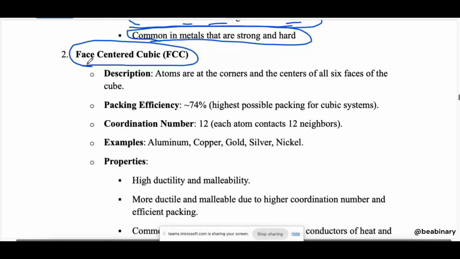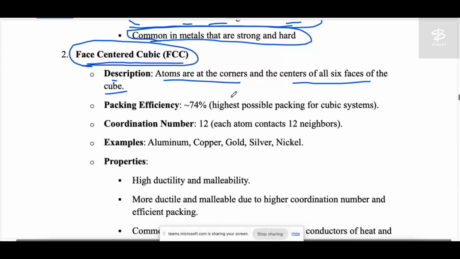Now we come to the FCC. FCC means the face-centered cubic cell. The description is atoms are present at the corners and in the center of all the six faces of the cube. So the total number of atoms present is four. How? All eight corners will contribute only one atom. At all the six faces, each face has one by two part of an atom, means half.